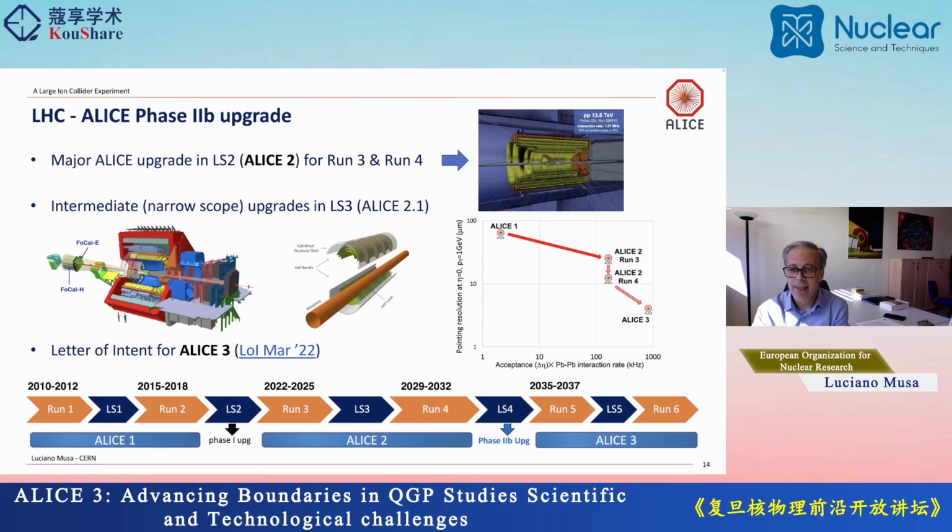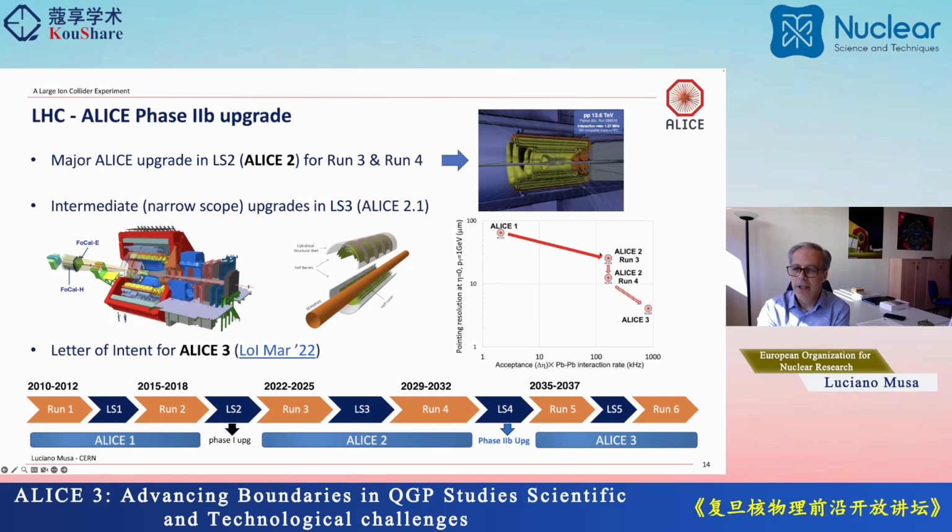Now, this is a very interesting plot because it shows, of course, just 2 figures of merit. We could have taken many others, but 2 very important ones. So you see here the pointing resolution, and here is the acceptance times the interaction rate.